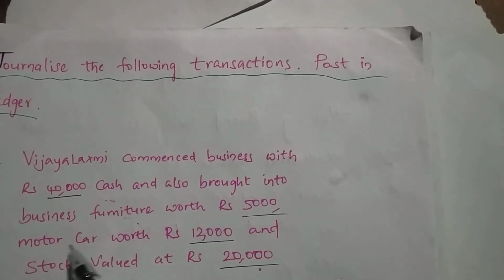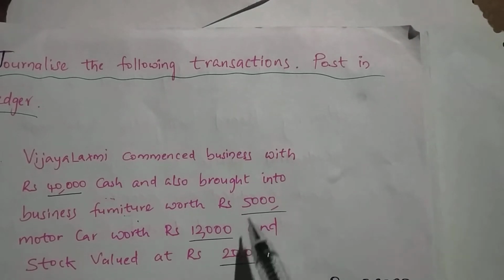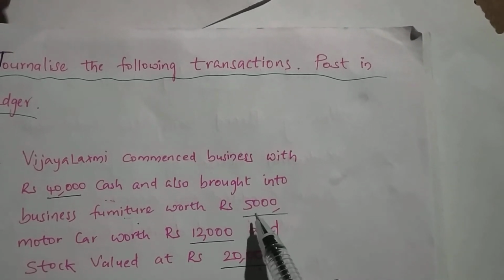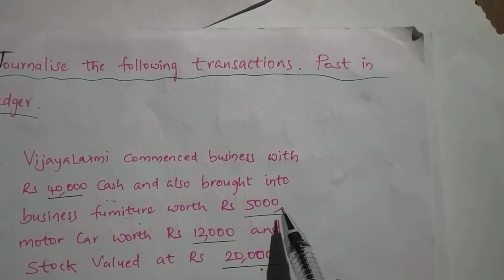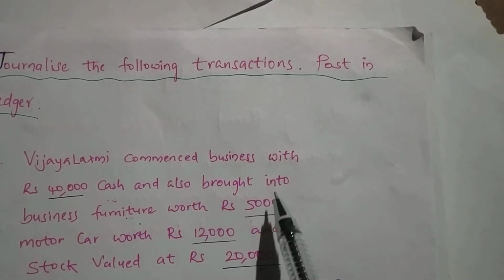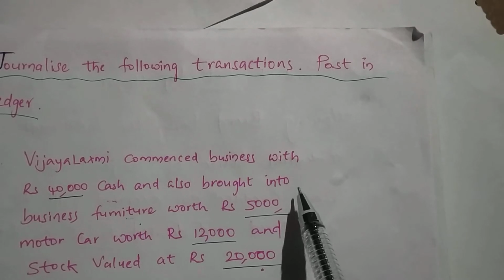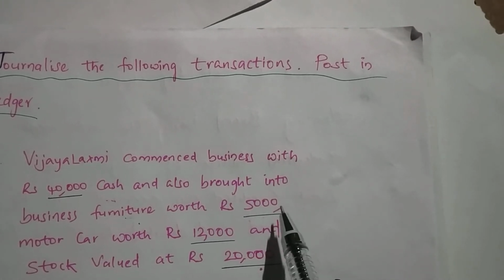Furniture, motor car and stock are all part of real accounts. As per the real account, what is the golden rule? Debit what comes in, credit what goes out. All of these are coming in, so we have to debit all the items.